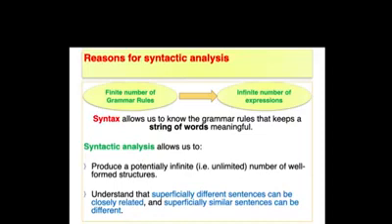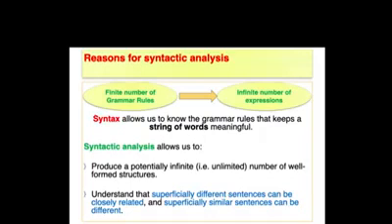And if you remember, we have studied that as one of the properties of human language. Human language has this capacity to be productive, to be creative. Creativity comes from the fact that we can make use of a finite number of rules in order to produce an infinite number of expressions.